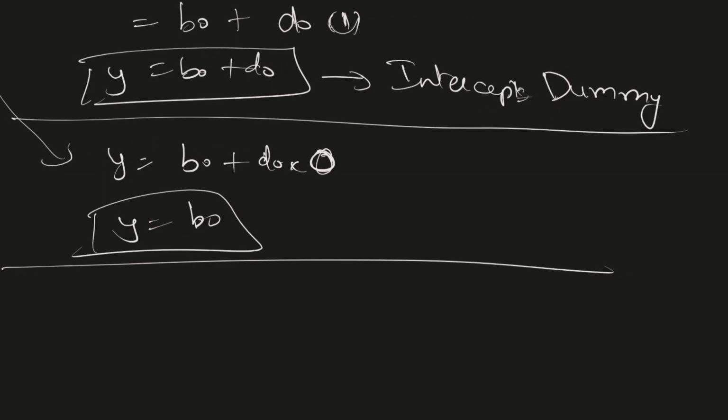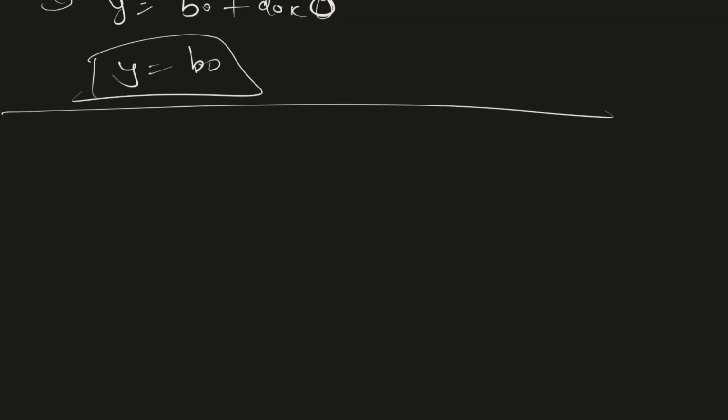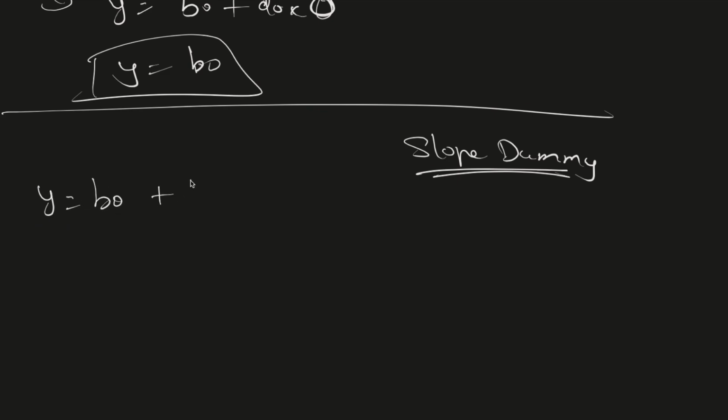Now the next one is the slope dummy. This is the example of slope dummy. Let's say y is equal to b0 plus b1x plus d1 D into x. If there is no qualitative event, then I'll give the value as 0.